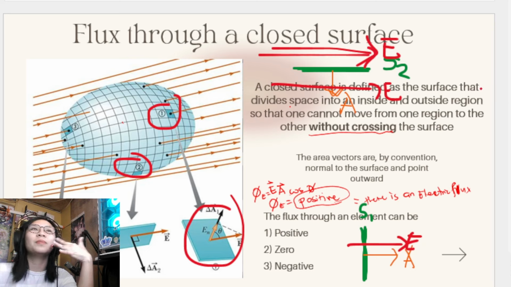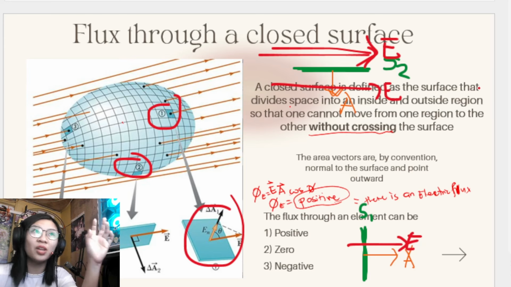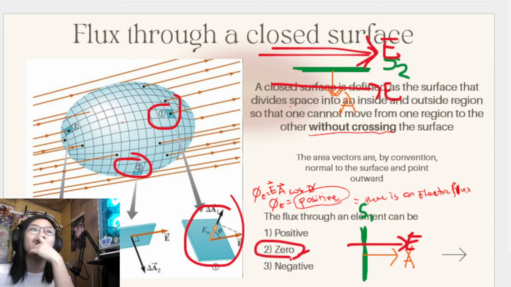If your surface and your electric field are parallel with each other, then your electric flux is 0.